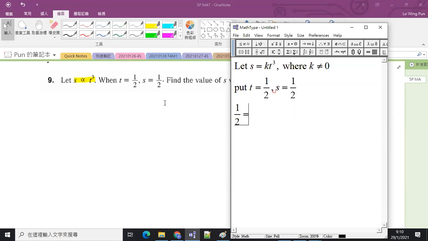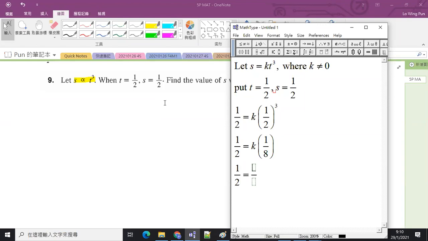So 1 over 2 is equal to K times 1 over 2 to the power 3. Just calculate the power 3 first. So 1 over 2 to the power 3 is 1 over 8. And then the right-hand side is a number multiplied to a fraction, and the number should be multiplied to the top part of the fraction.